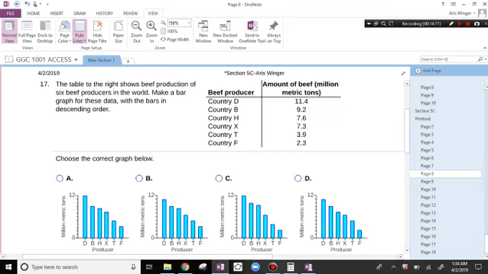Let's see why these other ones may be wrong. That's 9 point. It's this one. Oh, F is not 2.3. This is more than 2.3. Let's look at this one. Why is it not this one? This one looks about right. And 4 point.